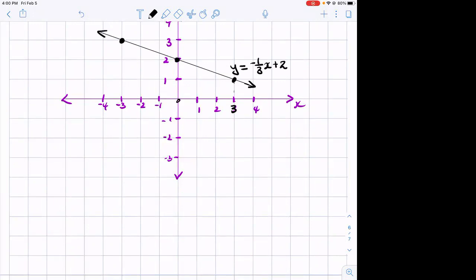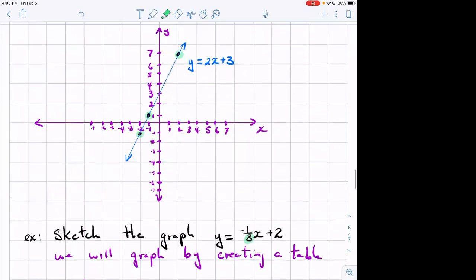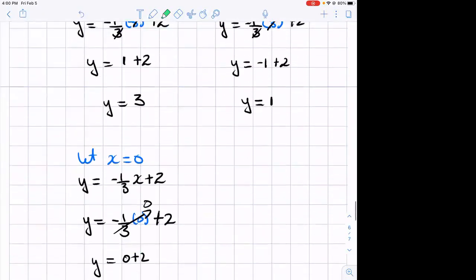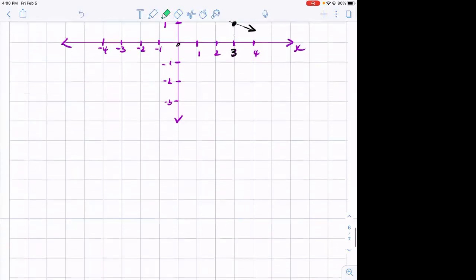All lines must have an equation written next to them. It doesn't matter where you write it. I could have written it here, or here. Just make sure you write it near the line. Now let's just make sure we did that for our first example. Yes, we did. The equation must be written next to the line. So this here is graphing a linear equation by creating a table.